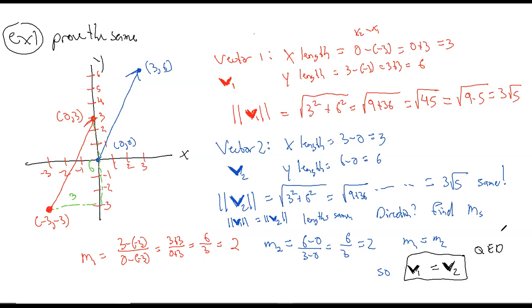How are we on time? 8:48. Okay. Next up, scalar multiplication of a vector. Let me pull out the text box. Scalar multiplication of a vector.